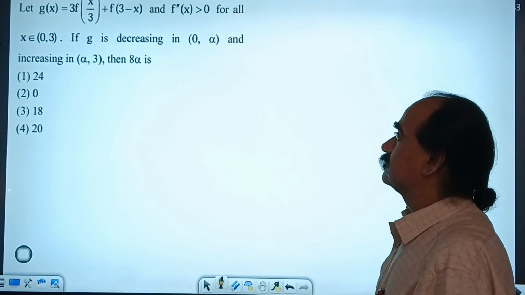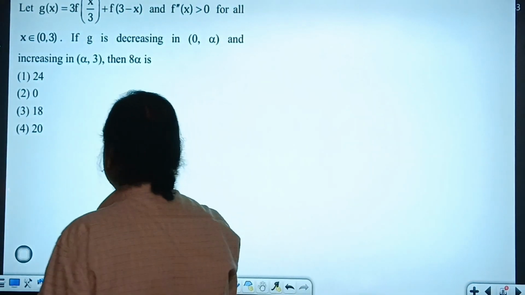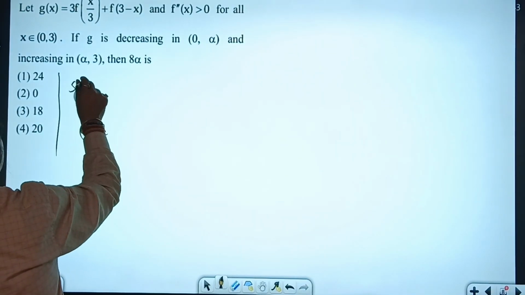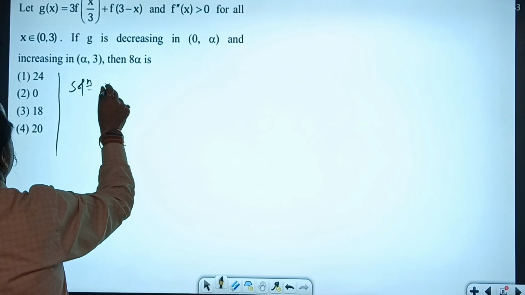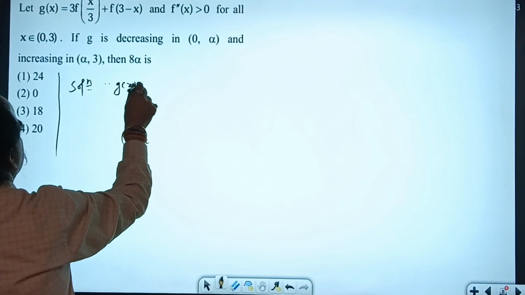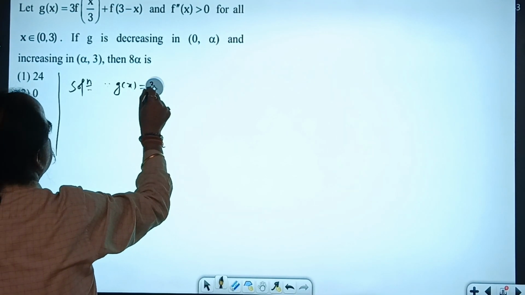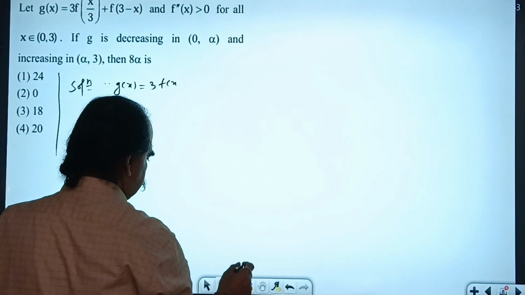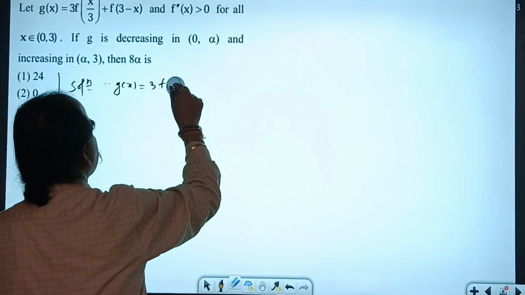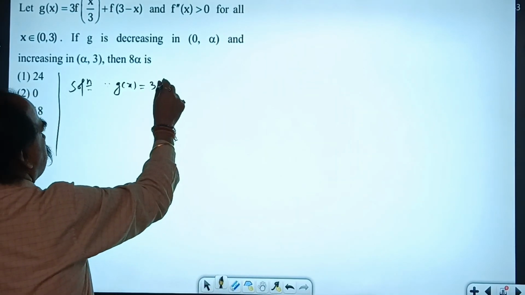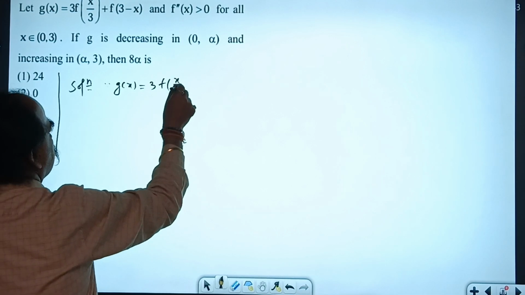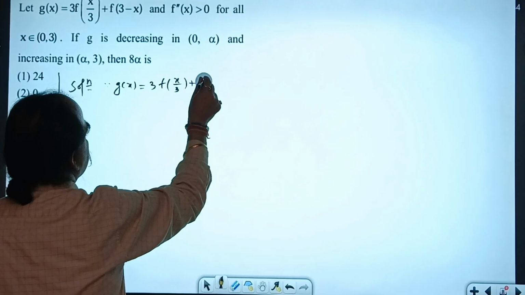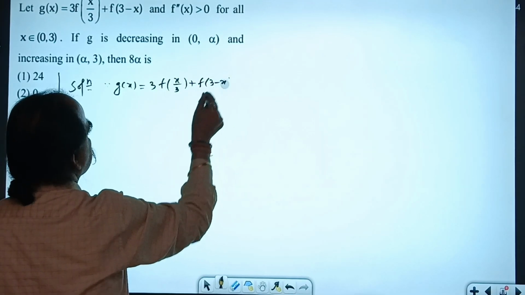Let g(x) be what? g(x) is 3 times f of x by 3 plus f of 3 minus x.